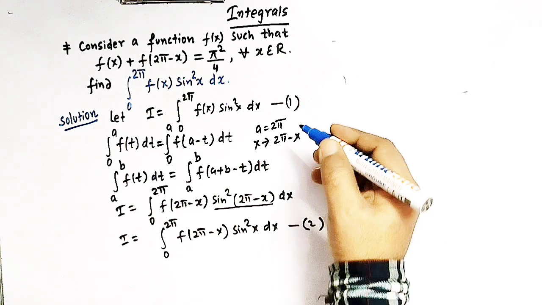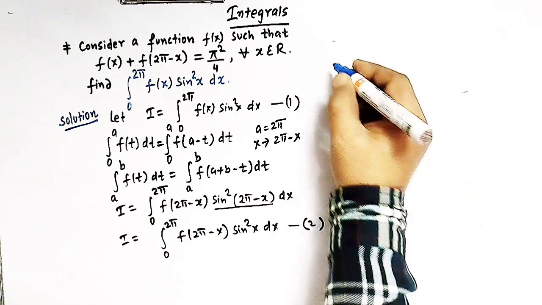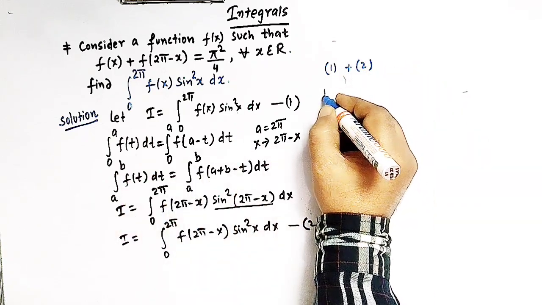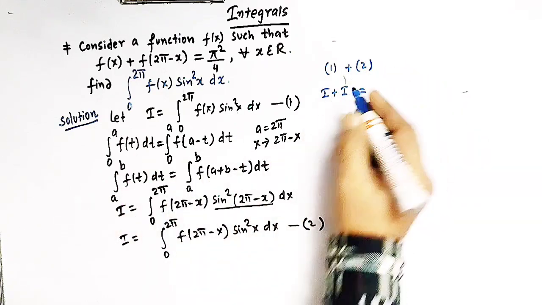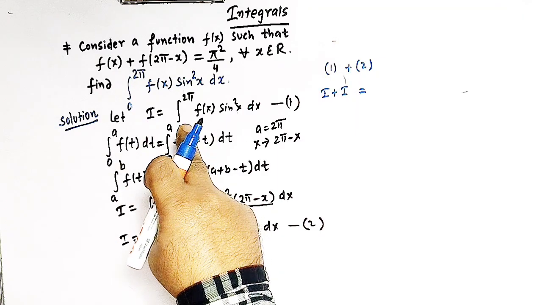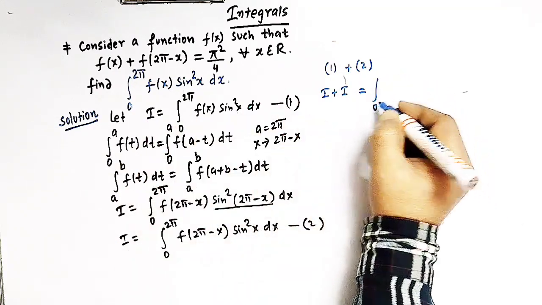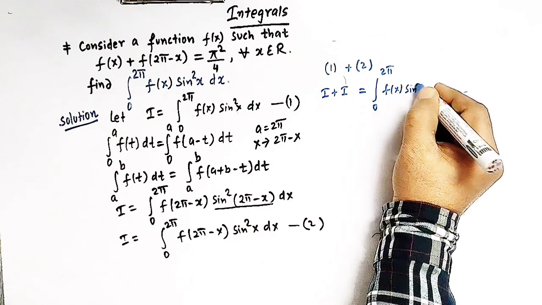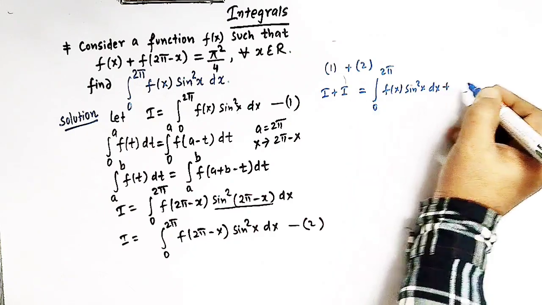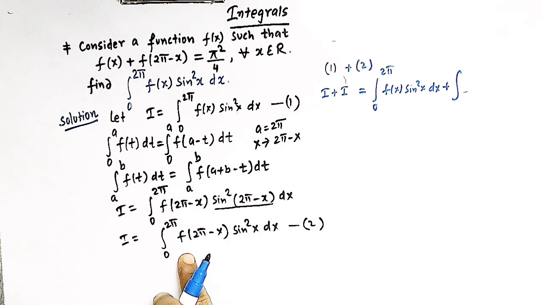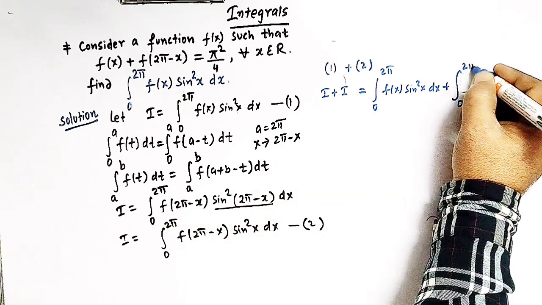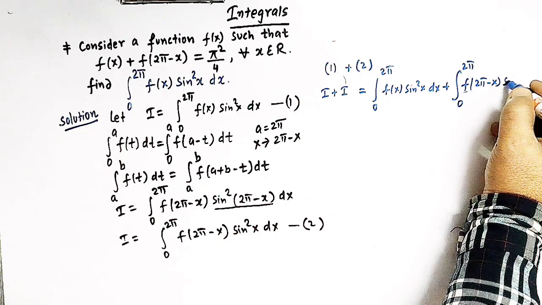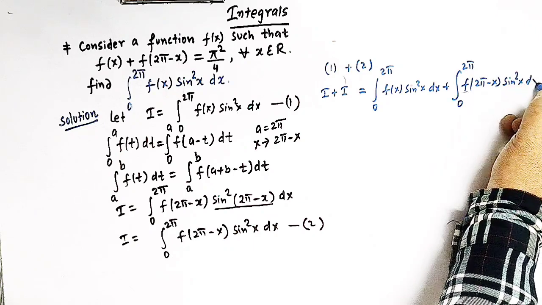So now let us add 1 and 2. So adding 1 and 2 we will get I plus I on the left hand side, and on the right hand side we have integral 0 to 2 pi f of x sine square x dx plus integral 0 to 2 pi f of 2 pi minus x sine square x dx.